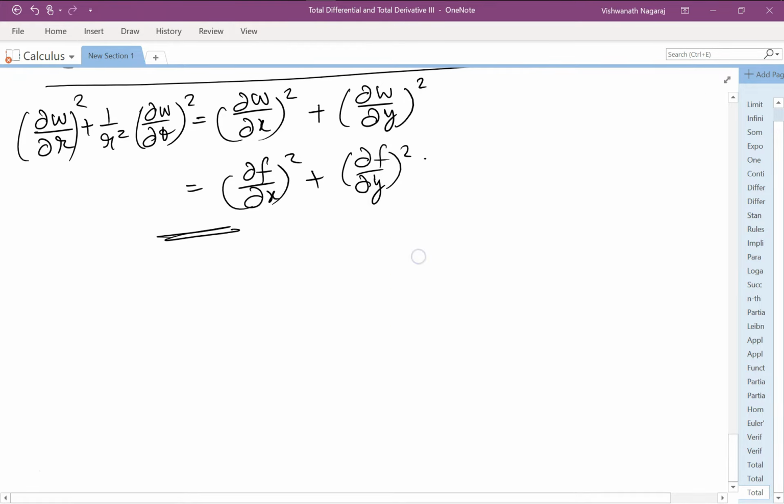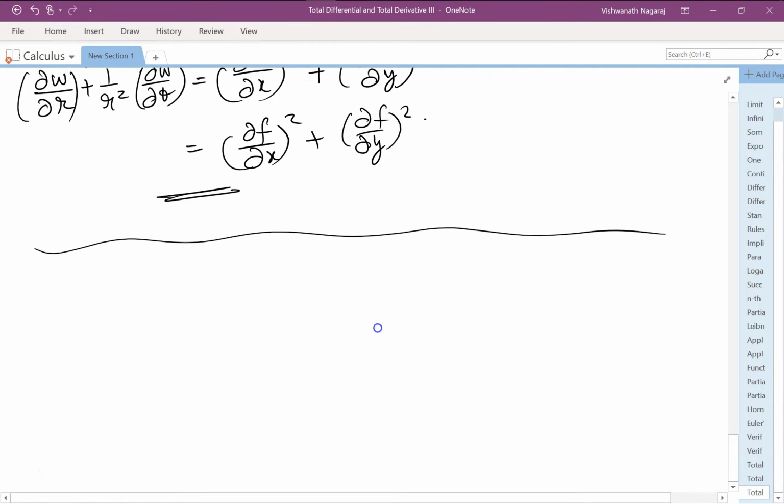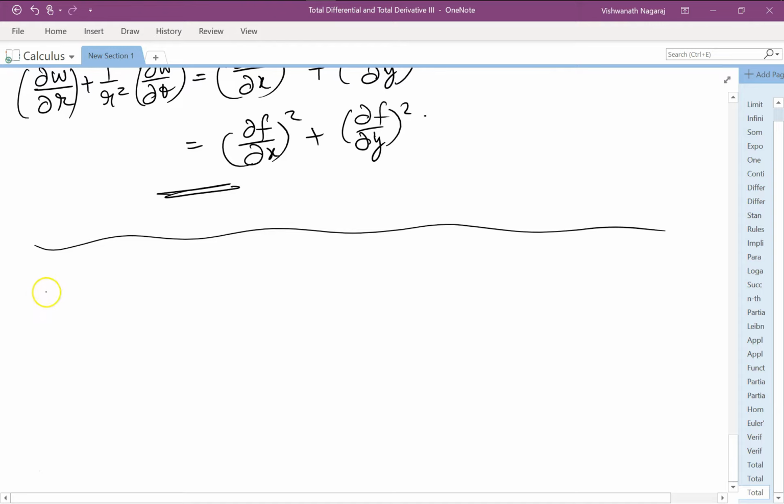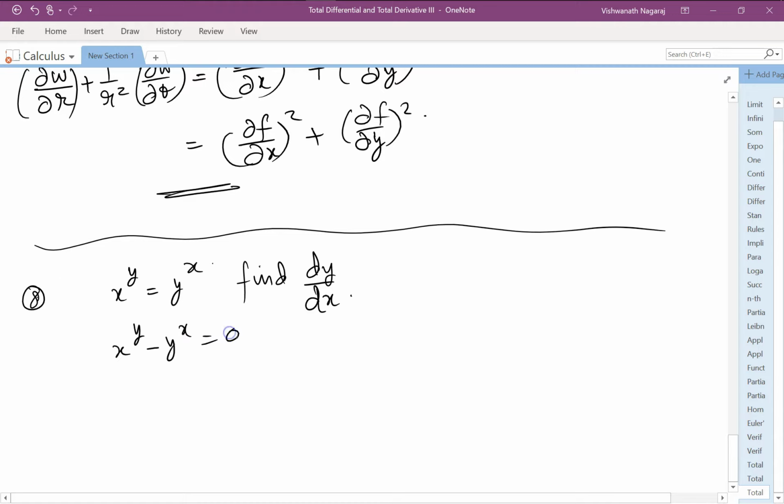Finally, let's do a slightly tricky problem. This is, I think, 8th one. Okay, x to the power of y is equal to y to the power of x. Find dy/dx. Okay, now remember this can be written as x^y minus y^x equal to 0.